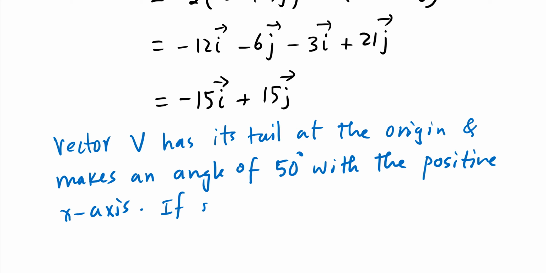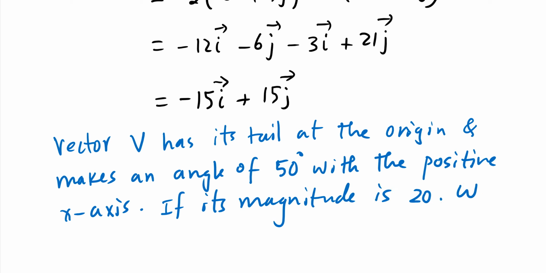If its magnitude is 20, write vector v in terms of i and j.